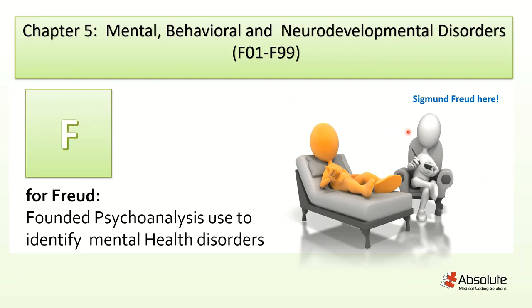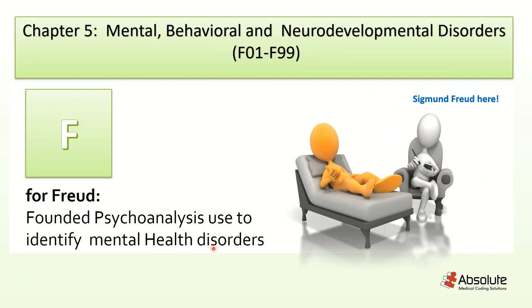He's the father of psychoanalysis. Psychoanalysis is used to identify and treat mental health disorders. And this category begins with F01 through F99. So when you think of mental and behavioral and neurodevelopmental disorders, think F for Freud.